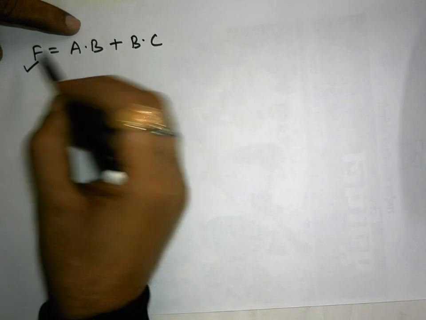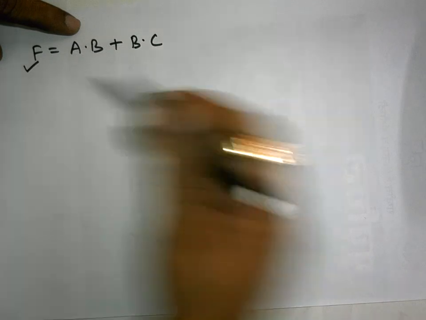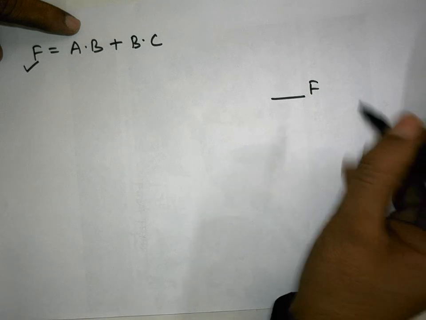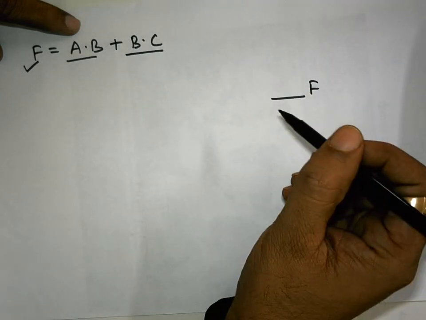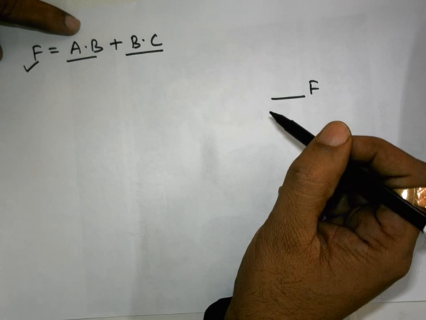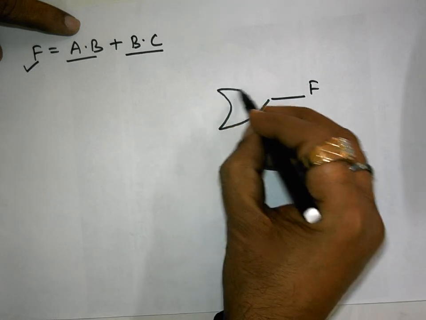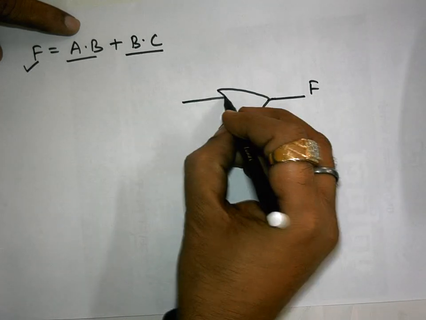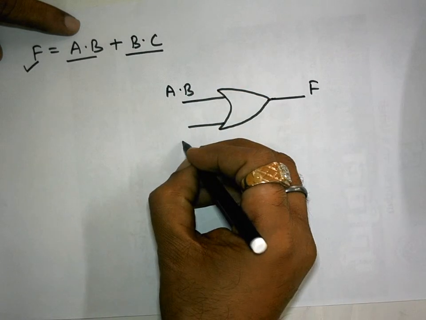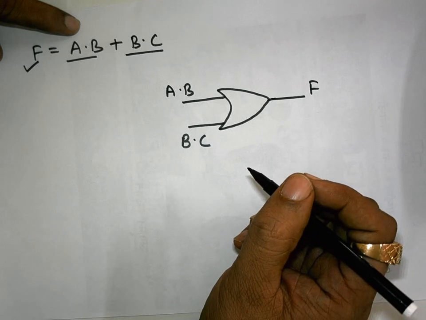You propagate from output to input, not from input to output. Output is what? F. Okay. And output is a summation of two terms. You visualize the things like this. So simply you form an OR gate, and here at the input of the OR gate you should have A dot B and B dot C. Okay, from output to input.